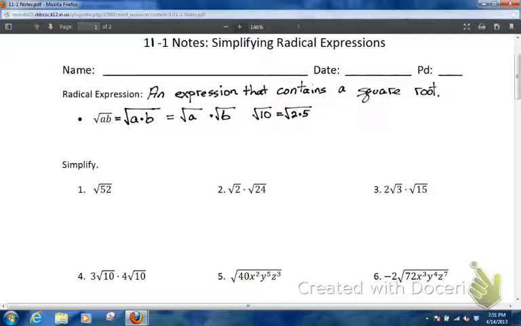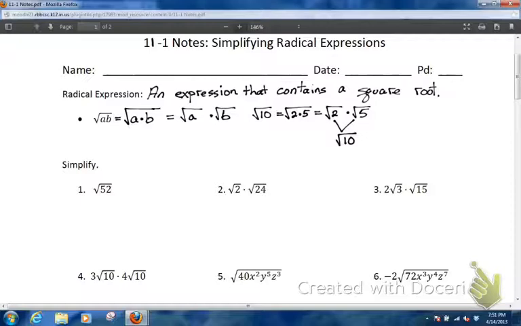So the square root of 2 times 5 would be the same thing as the square root of 2 times the square root of 5. Again, this gets into the idea here that you can multiply two radicals together, even if they're not the same radical, and you'll get an answer just like you would with whole numbers. Root 2 times root 5 gives you root 10.